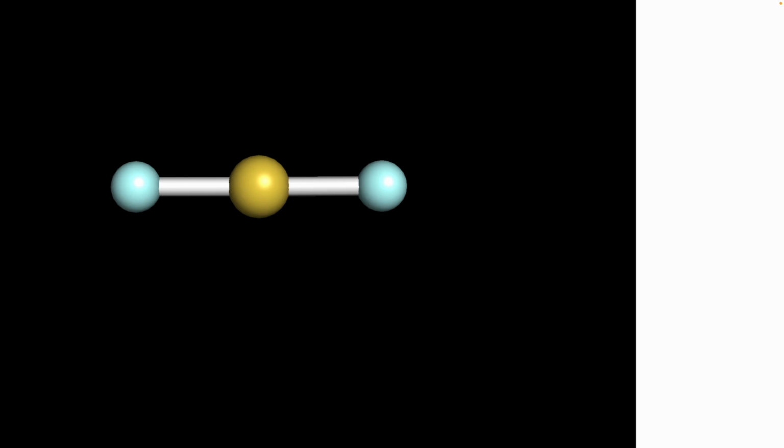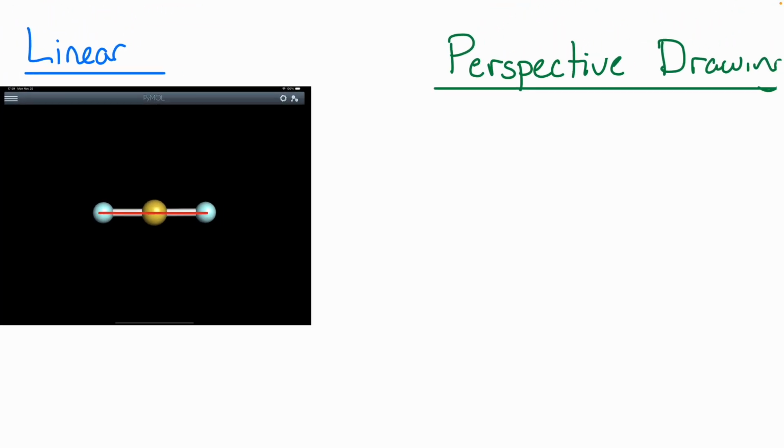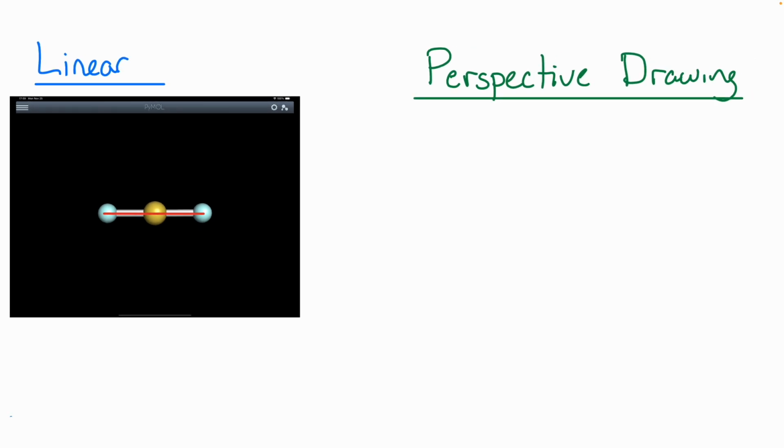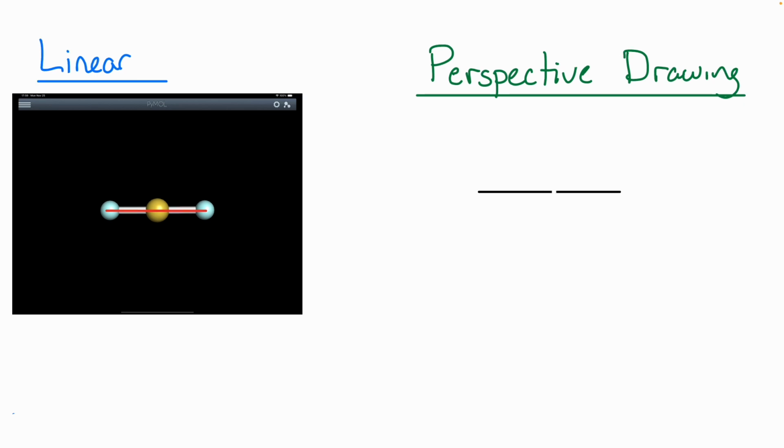Nothing's pointed out at you or into the board. They're just flat here. So we can represent these with just those straight line bonds in our perspective structure. All right? So our perspective structure of a molecule that's linear is going to only have those flat straight line bonds. Okay, just two line segments, one right after the other one.